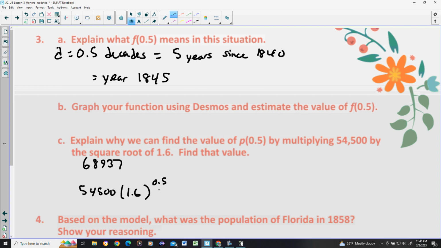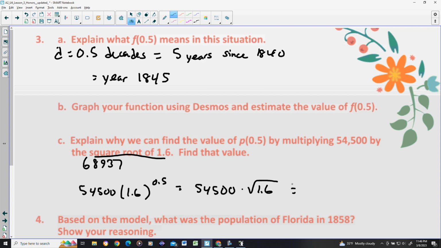A power of a half is the same thing as the square root. And so what I've actually done is 54,500 times the square root of 1.6. And that gets me the same answer.